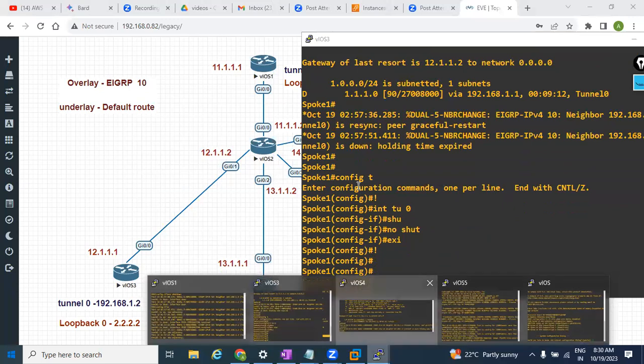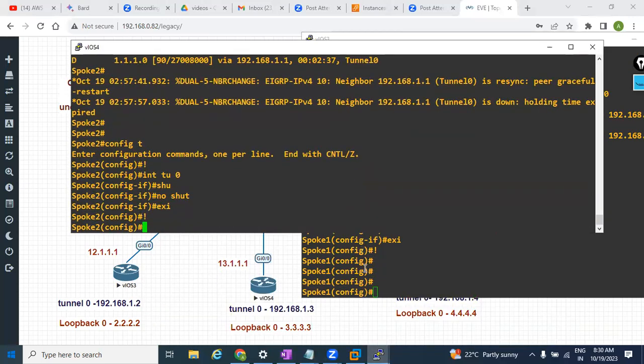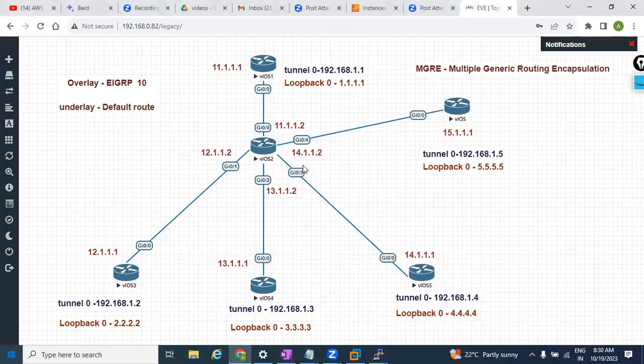That's fine. Just wait, and now neighborship would be up, and they would be able to exchange the routes. Okay. So this is fine.